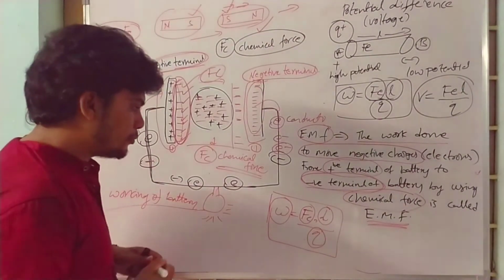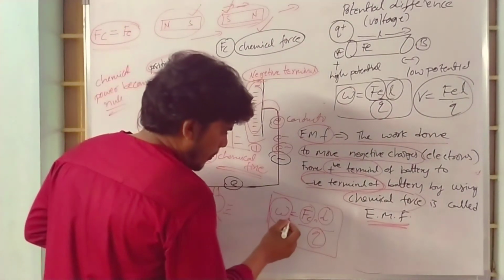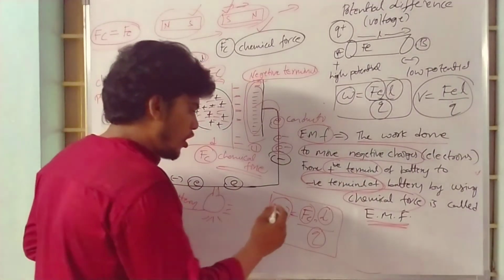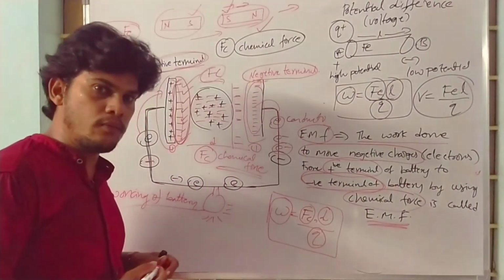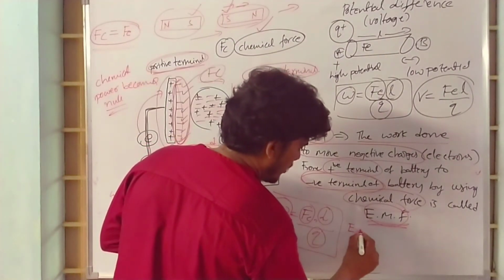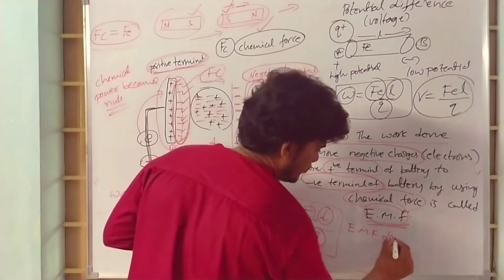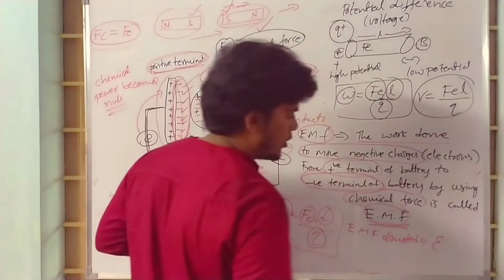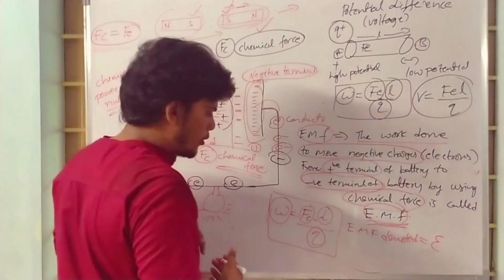We know already, work done on a charge is electromotive force. Electromotive force, EMF, is denoted with epsilon. Who can write the formula for electromotive force?